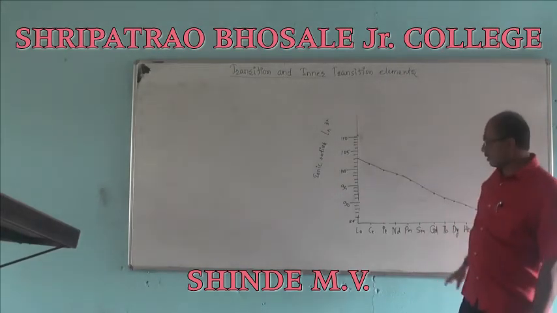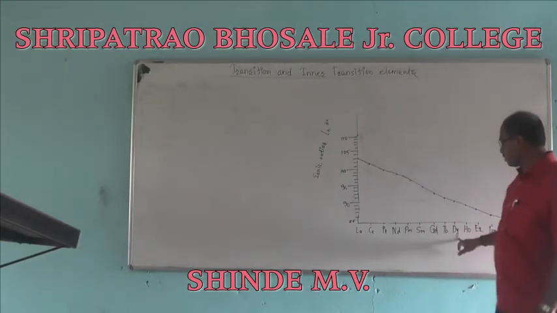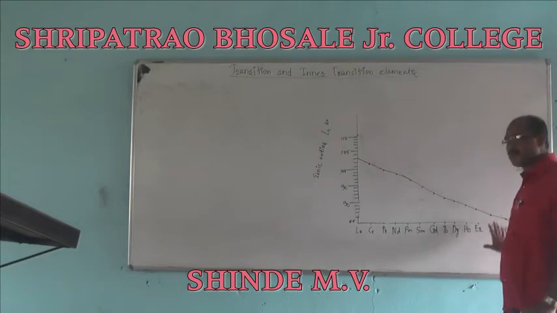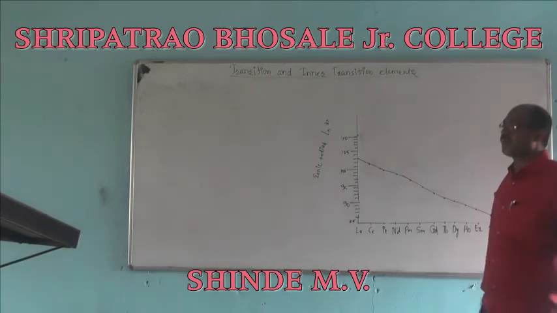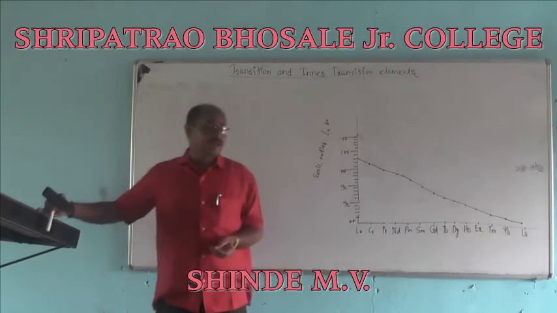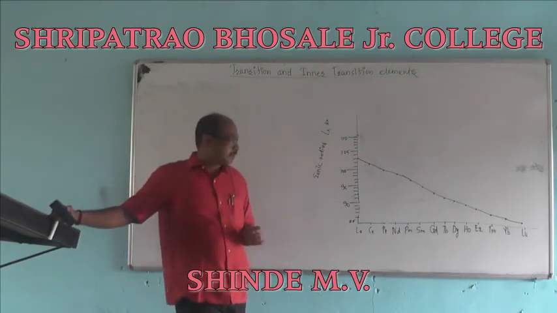And after gadolinium: terbium, dysprosium, holmium, erbium, thulium and ytterbium. Up to ytterbium, we have the formation of ferromagnetism, the formation of a ferromagnetic moment at lower temperatures.